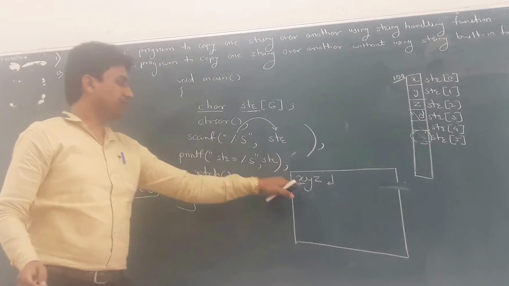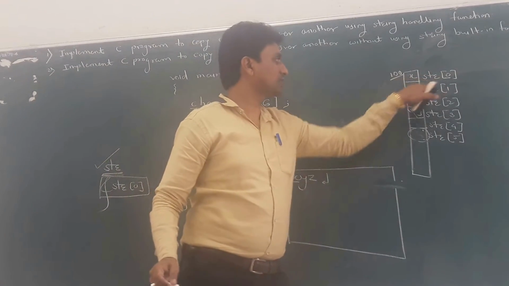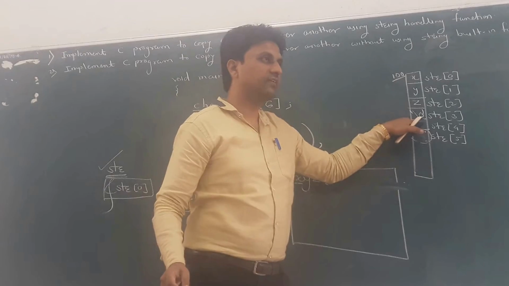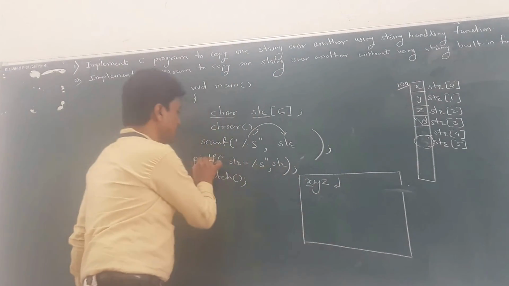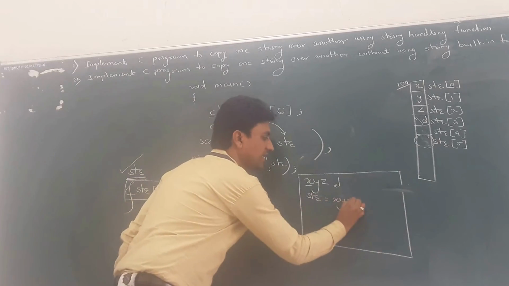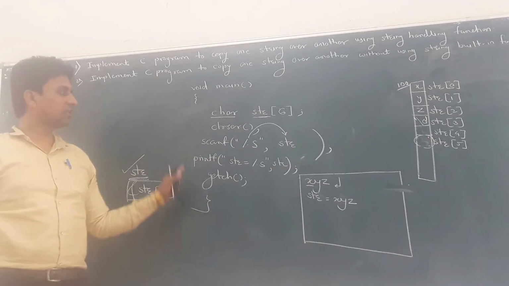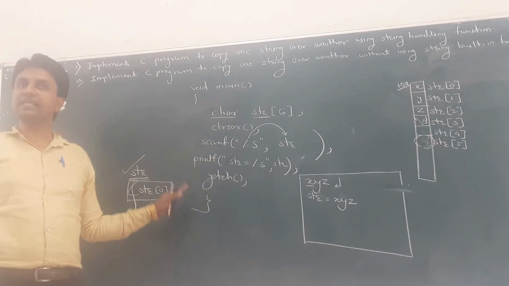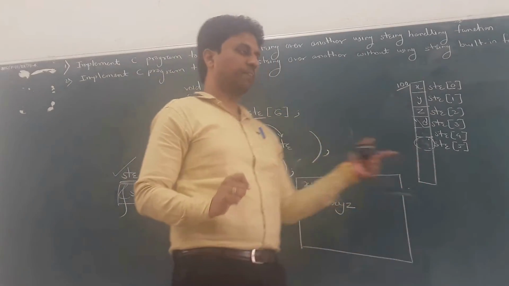So here we scan the string xyz that is assigned to str, and at the end \0 is automatically added by the compiler. Next, what is the message? It prints str is equal to xyz. Okay, this is the predicted output on the console. So this is the second way of initializing the string at runtime.